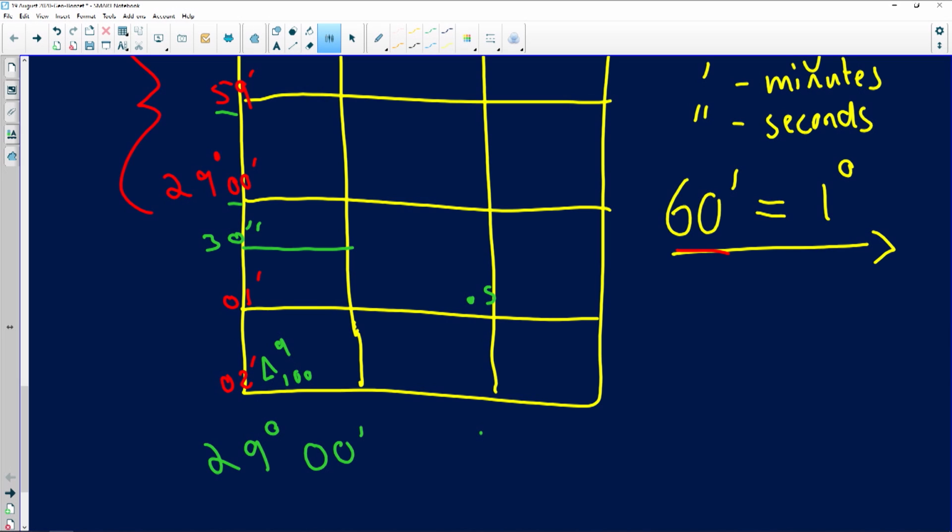If I take our first half and divide it in half, how many seconds will that represent? 15 seconds. If I take our last half and divide it right in the middle, it will represent 45 seconds. Now, grade 12s, we don't expect you to get the seconds spot on every single time. Drawing 60 lines in between that grid would be very time consuming.